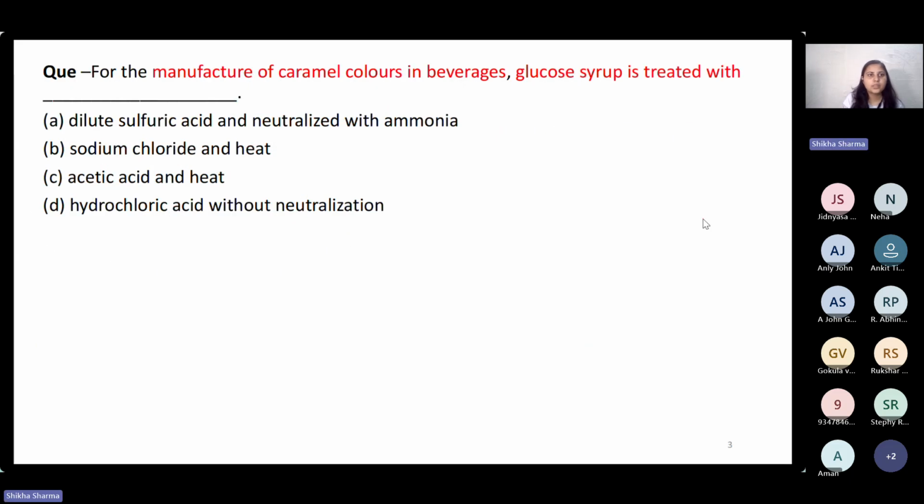The first question is: for the manufacture of caramel color in beverages, glucose syrup is treated with. First option is dilute sulfuric acid and neutralized with ammonia. Second is sodium chloride and heat. Third is acetic acid and heat. Fourth is hydrochloric acid without neutralization.